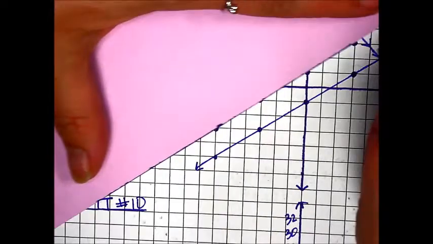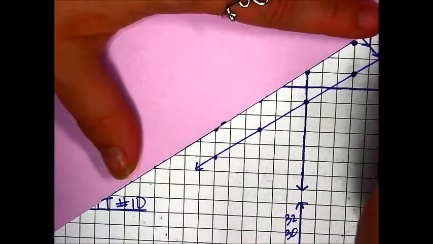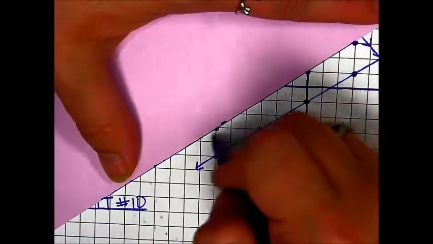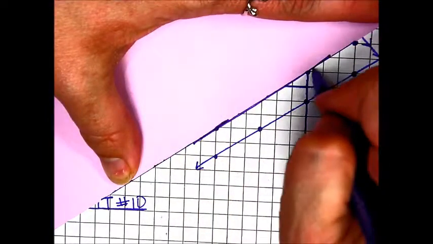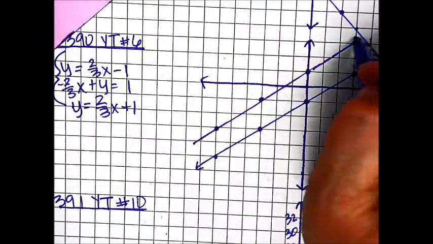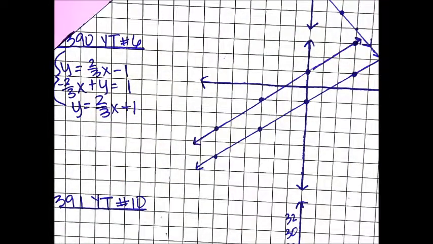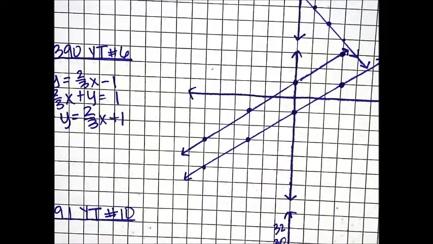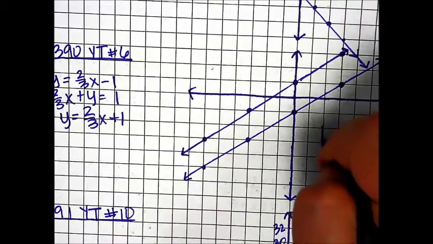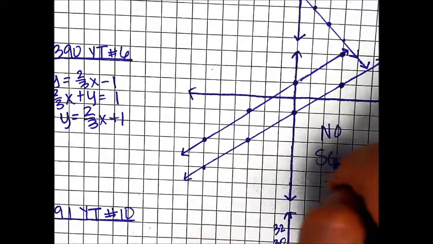Okay, and you can see these are forming parallel lines. Kind of got my other graph in the way a little bit. Okay, so those are parallel lines and they're never going to touch each other. So this is an example of no solution.